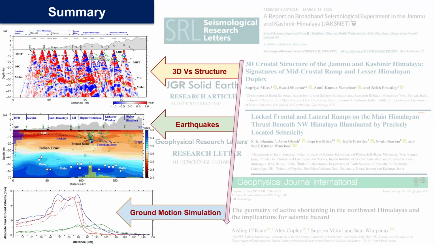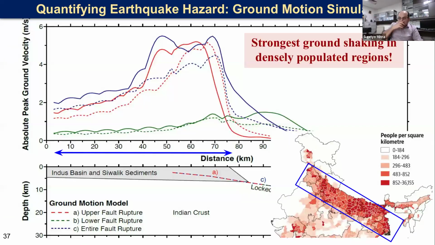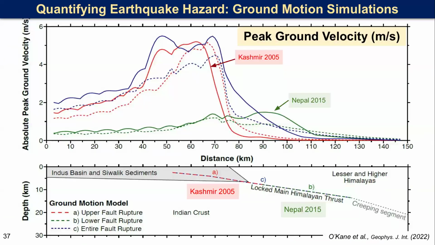Okay, and one more question. So here, the Kashmir earthquake was in the front, so in that locked part, right? Yes. But how would the ground motion change if it would propagate further deep? Because on this picture you are just showing the green one is the Nepal, which was deeper, and the Kashmir that was shallower.